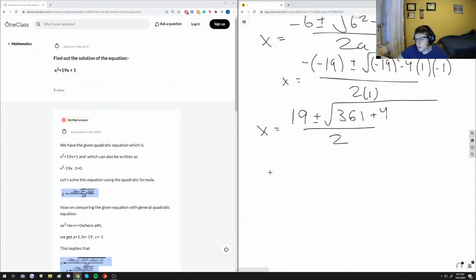Then we can divide out the 2 on both sides, so we get 19 over 2 plus or minus the square root of 365 over 2.